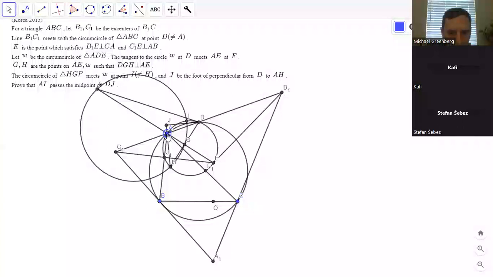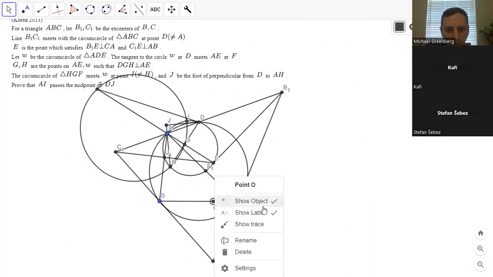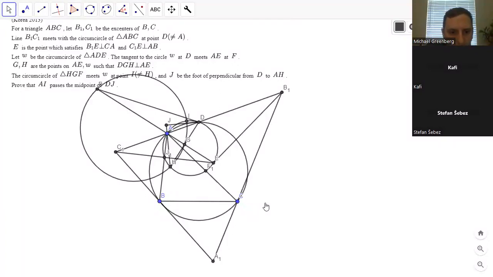What is O? Okay, this is much nicer. I don't even know what O is anymore. But let's see. So we have the circumcircle ADE. So yeah, E is the circumcenter of A1, B1, C1.